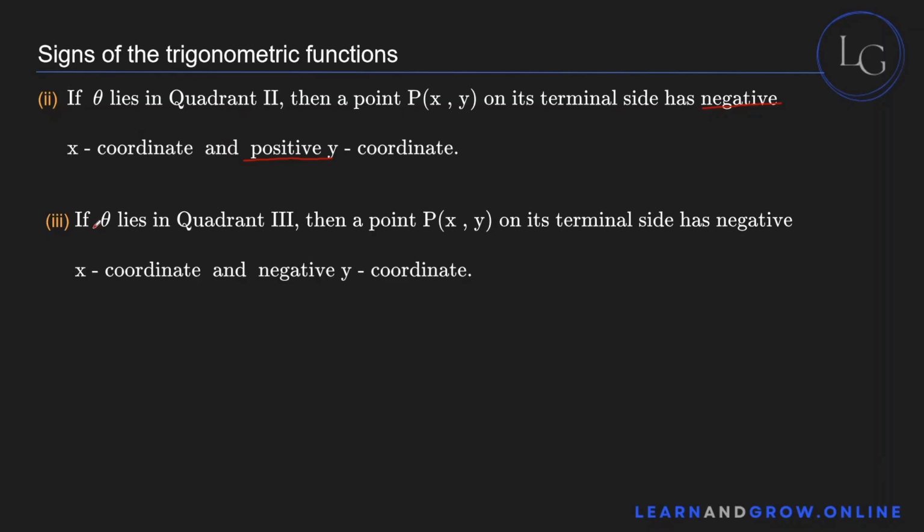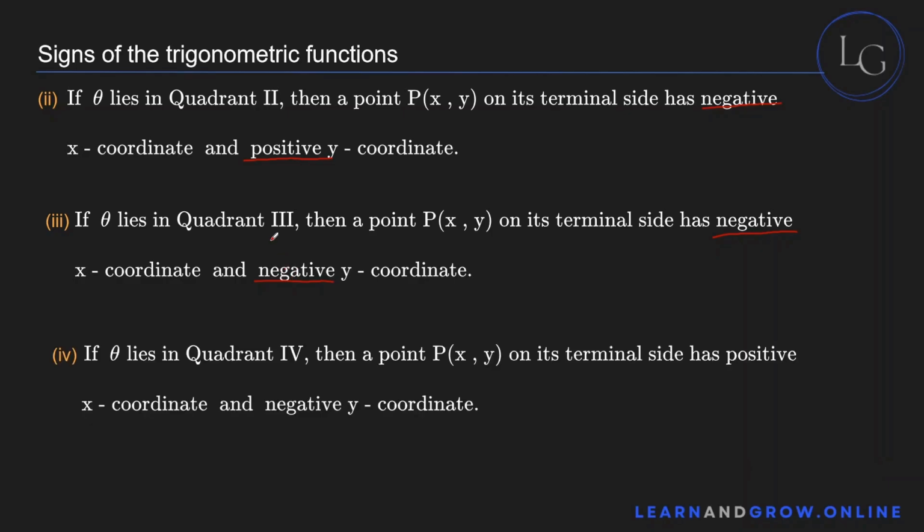In the third quadrant the x and y coordinates are both negative, and the tangent functions are only positive in quadrant 3. For quadrant 4, the x coordinate is positive and the y coordinate is negative, and the cosine functions are positive only in quadrant 4.